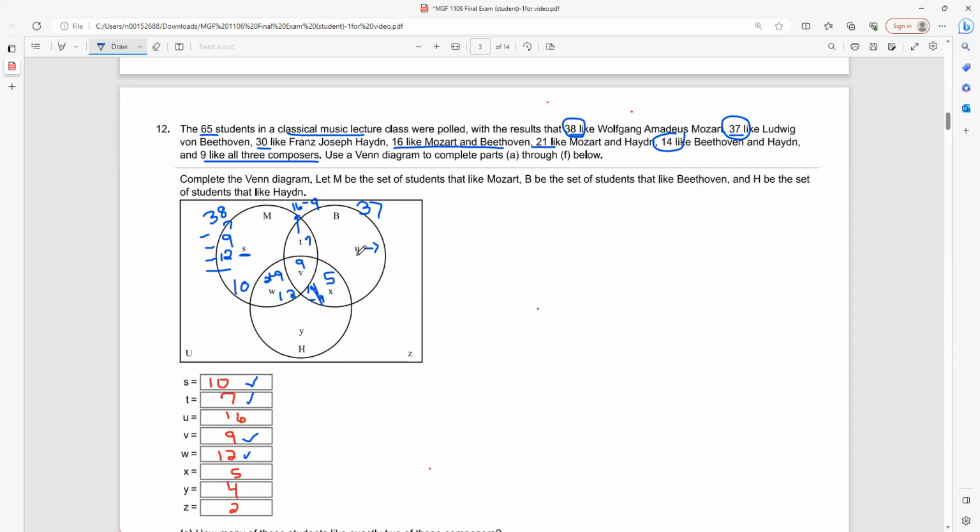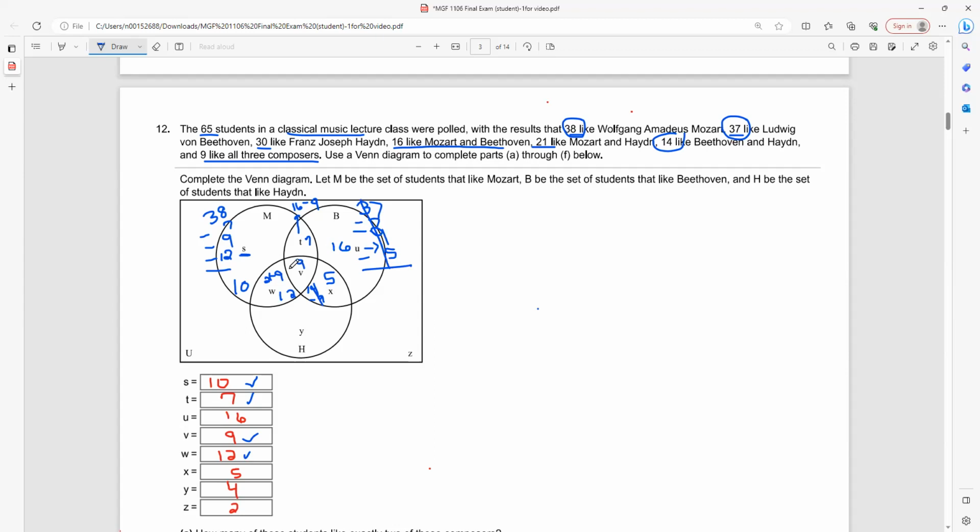So to determine what U is, we have to subtract from that 37 the number 7, letter T's value, the number 9, which is letter V's value, and then we're also going to subtract down here the number 5. All right, and that'll give us our remaining value, letter U, which will be 16.